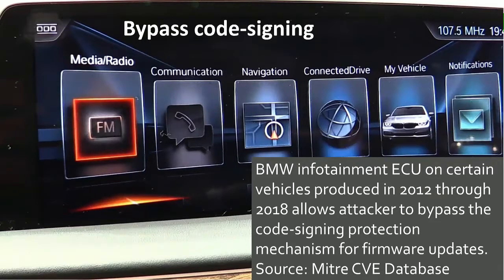Attackers can bypass the code signing, just as you described. And once they're in there, they could laterally attack other modules and ECUs for drivetrain or navigation on the device.